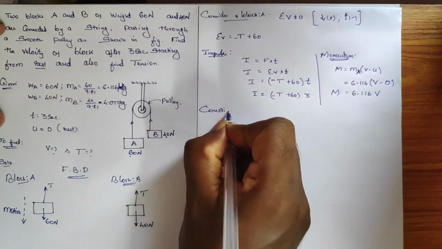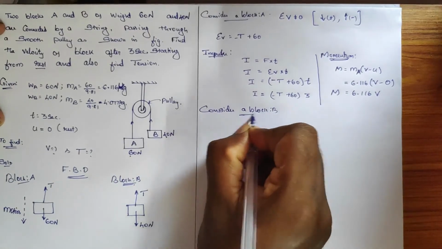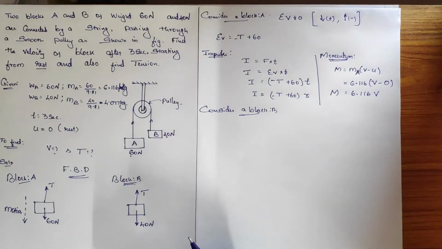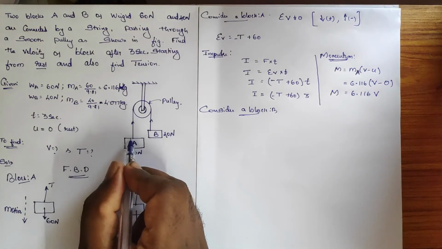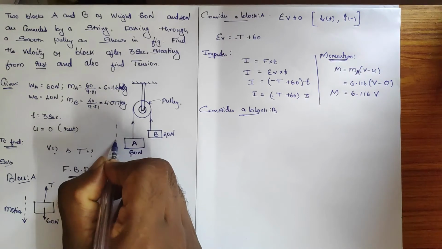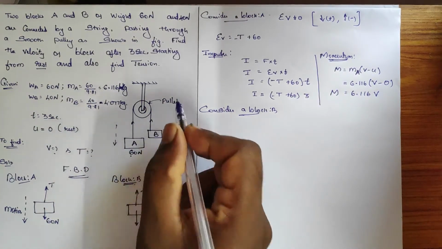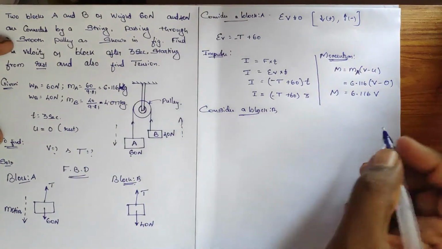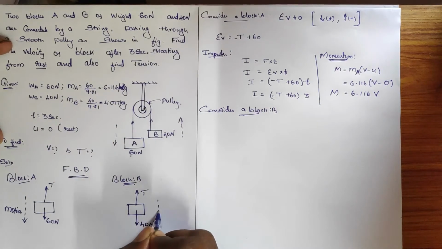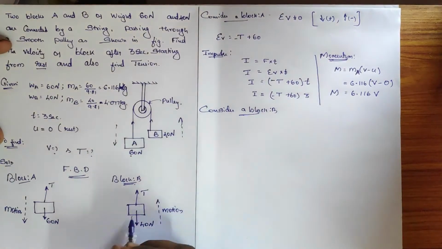Consider block B. So here where the motion is, when the 60 Newton block comes down, sure this block B will be moving upwards since it has a low weight. Am I right? So the motion is downward for A, and the motion is upward here.